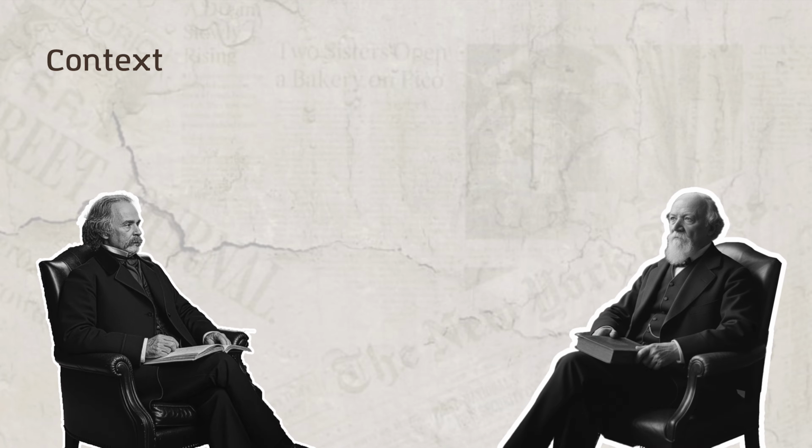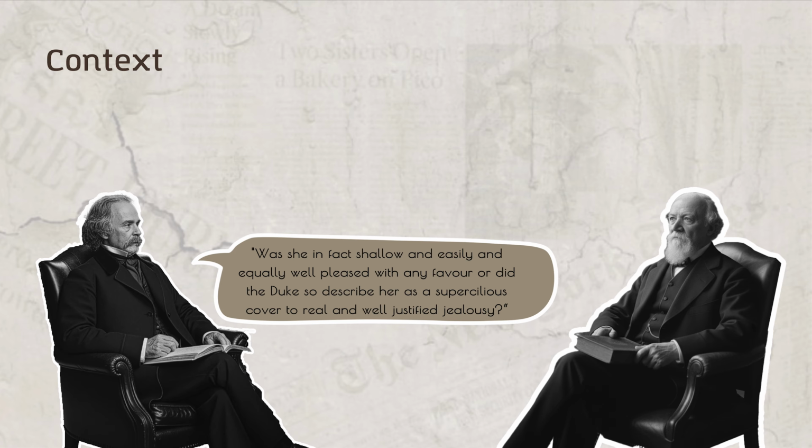So, in an interview, Browning was asked about the portrayal of the Duchess by the Duke. He was asked, "Was she in fact shallow and easily and equally well pleased with any favour, or did the Duke so describe her as a supercilious cover to real and well-justified jealousy?"